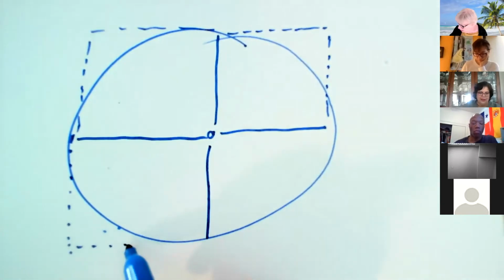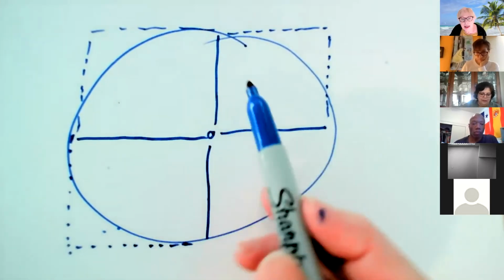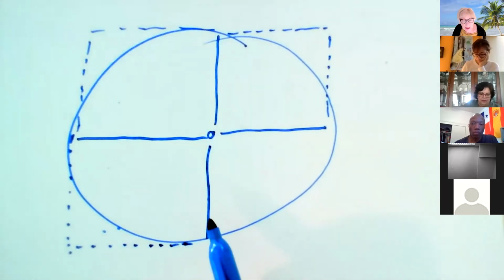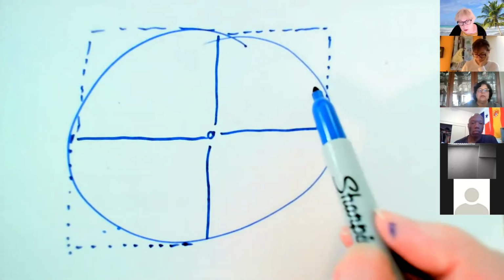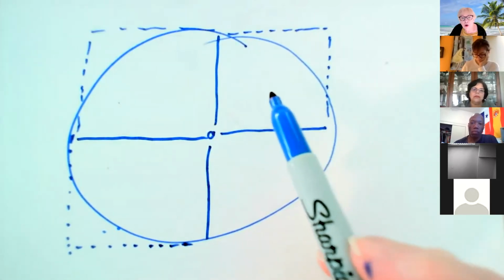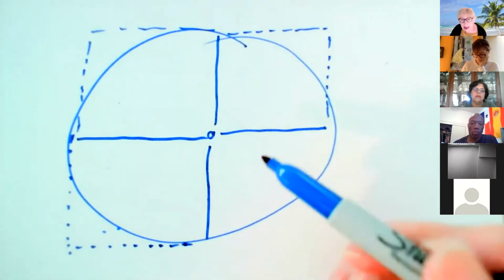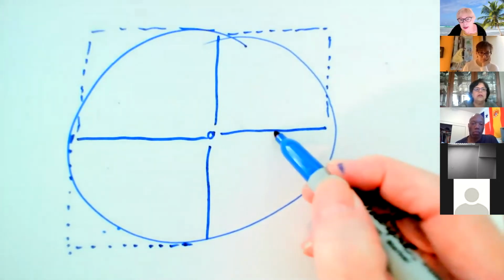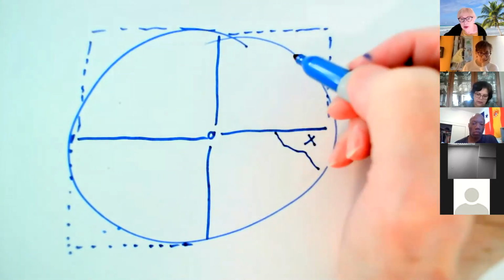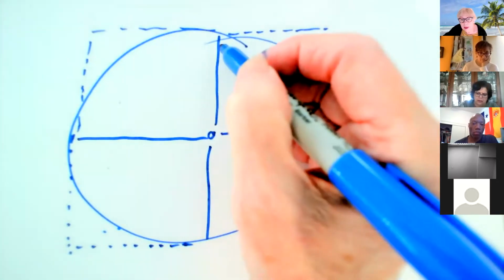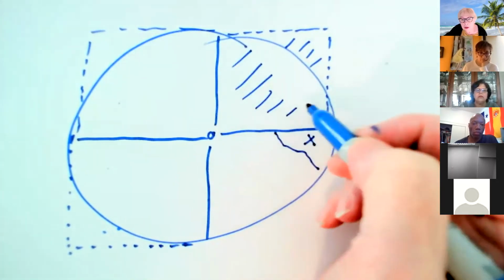I'm going to go at this again. If I took everything inside the circle and used some of it to fill in these corners, how many full squares would I have? And so what I'm going to do is visually take a little piece of this from this section and put it over here. So I have 1 full square.